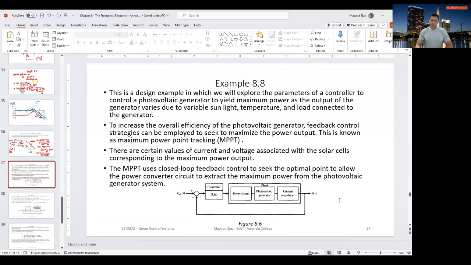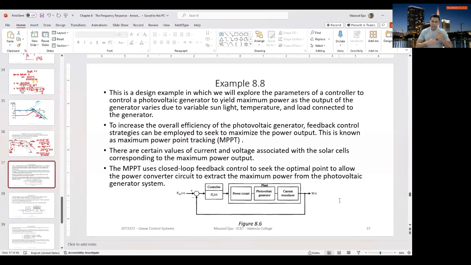So to increase the overall efficiency of the photovoltaic generator, of course, we are creating a feedback control system, and we want to maximize the power output, again, in the presence of the parameters that are changing. What will be the maximum output when those parameters are changing?